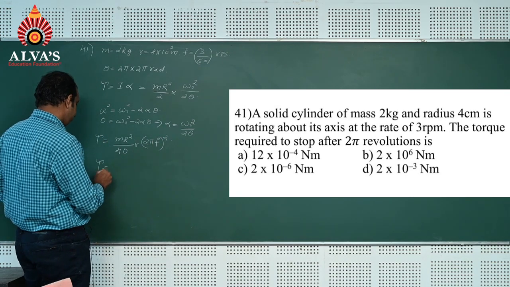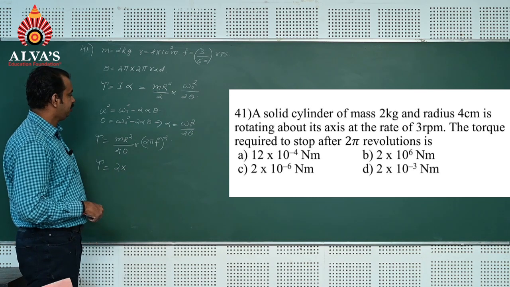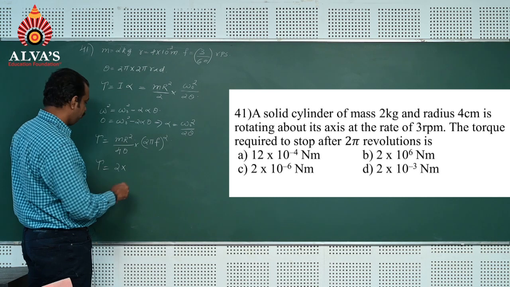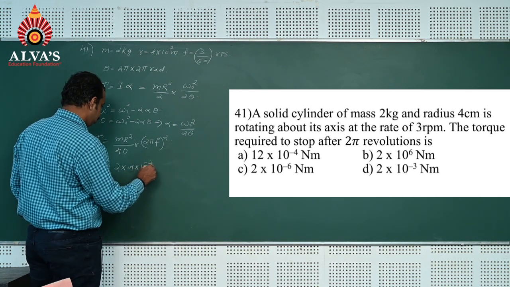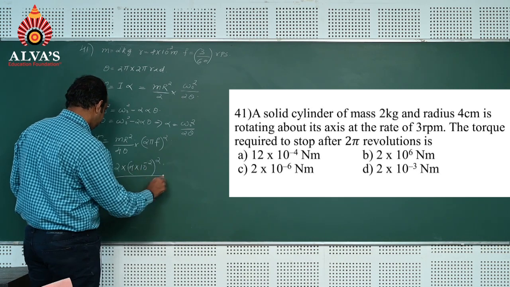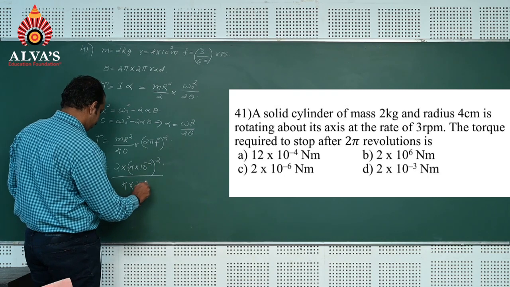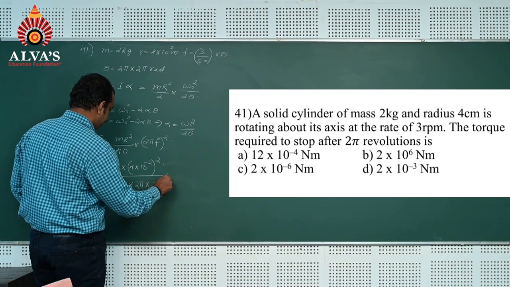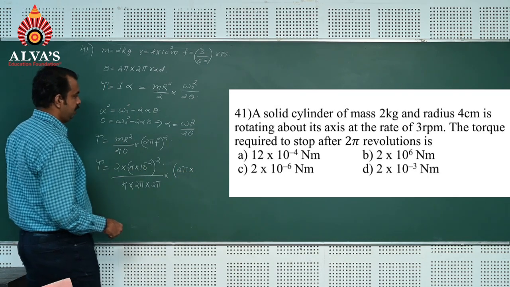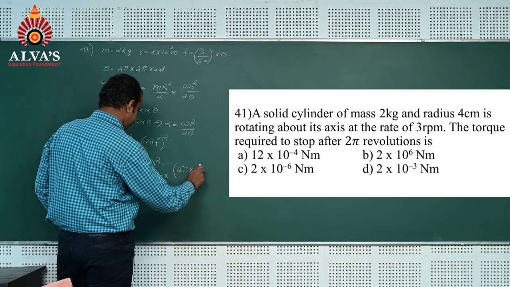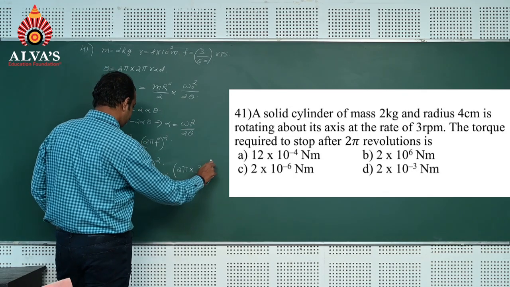That is, torque tau is equal to mass 2 kg into radius, 4 into 10 to the power minus 2 whole square, into 1 divided by 4 theta, where theta is 2 pi into 2 pi, into 2 pi f, f is 3 by 60, whole square.